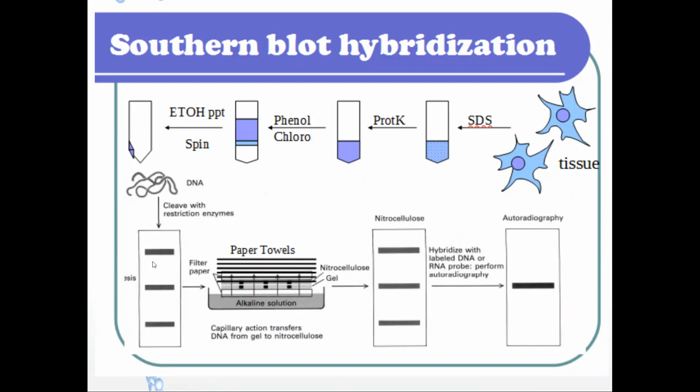For example, you have this ladder of DNA and you want to know the specific site where the gene you want is. By autoradiography, it would select out only the line where your DNA of interest is. So basically, that's Southern blot hybridization. It's electrophoresis with an additional step.